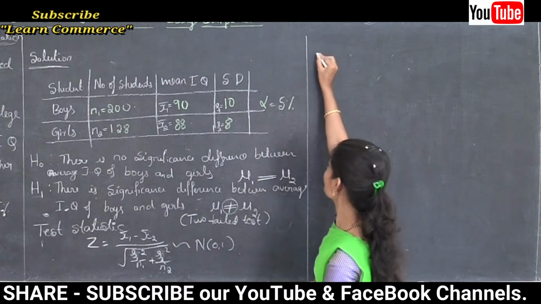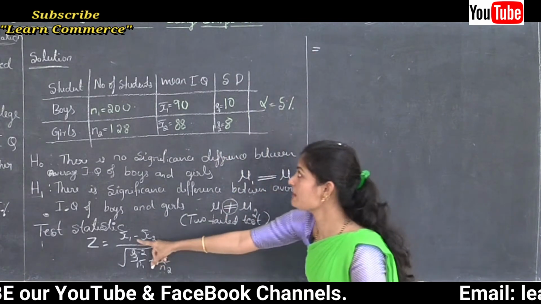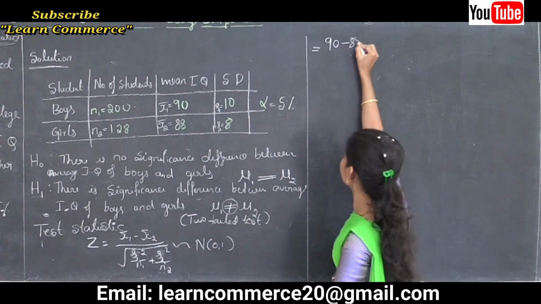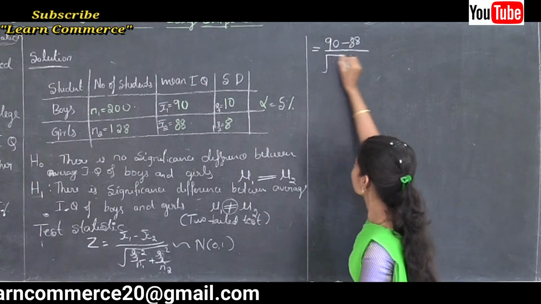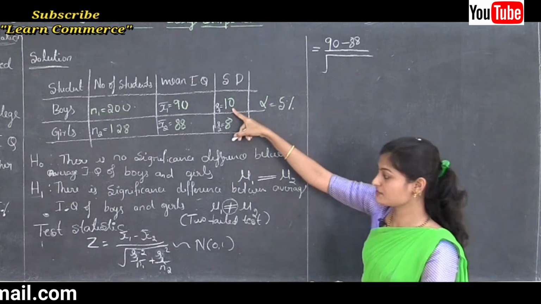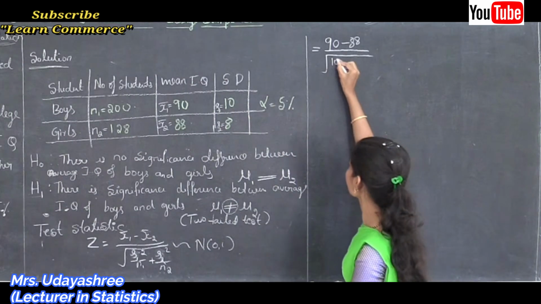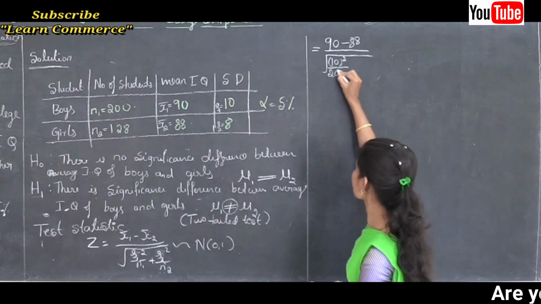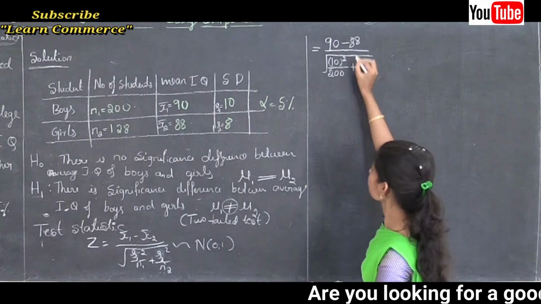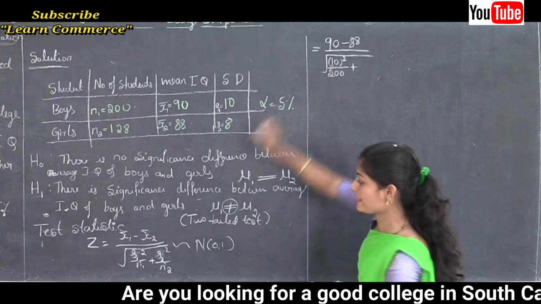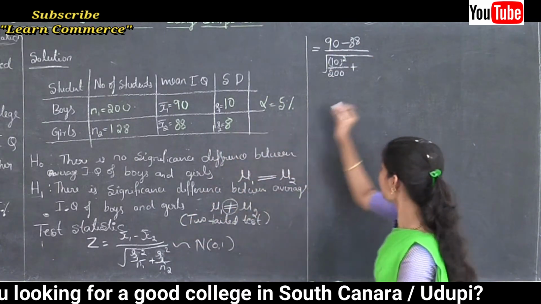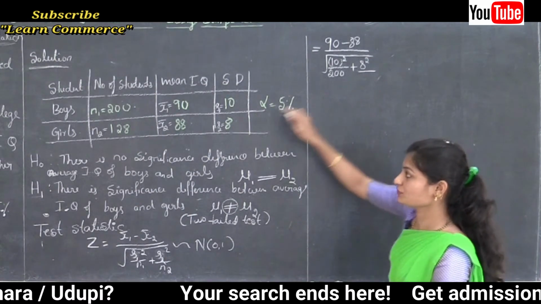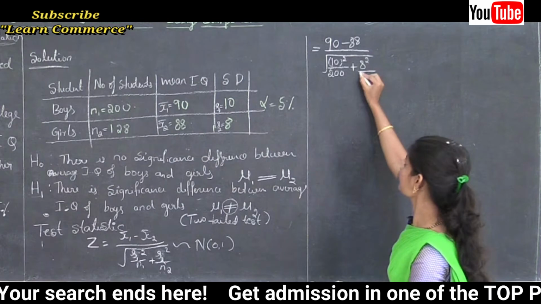Now I will substitute the values. Here x bar 1 is 90 and x bar 2 is 88, divided by the square root of s1 square, that is 10 square, divided by n1, that is 200, plus s2 square, that is 8 square, divided by n2, that is 128.